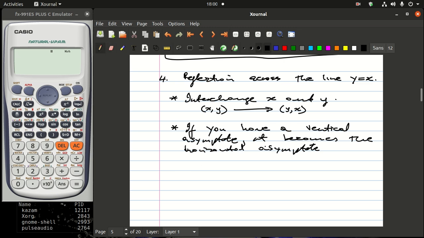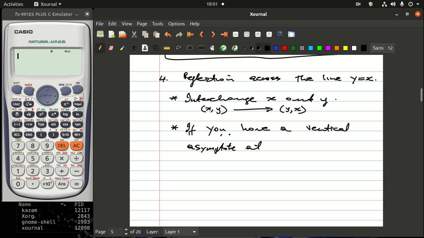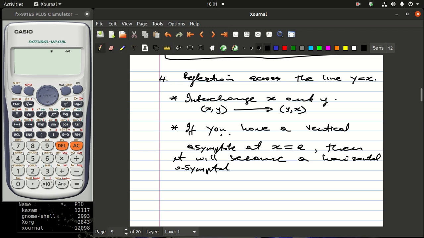If you have a vertical asymptote at x is equal to some value a, then it will become a horizontal asymptote at y is equal to a.